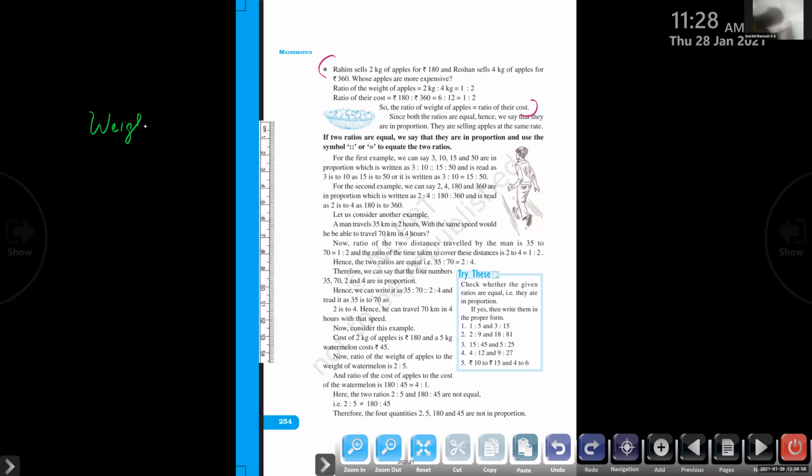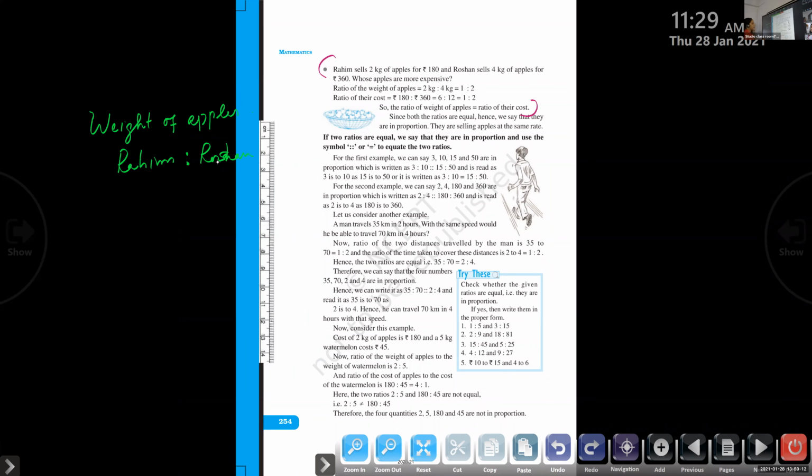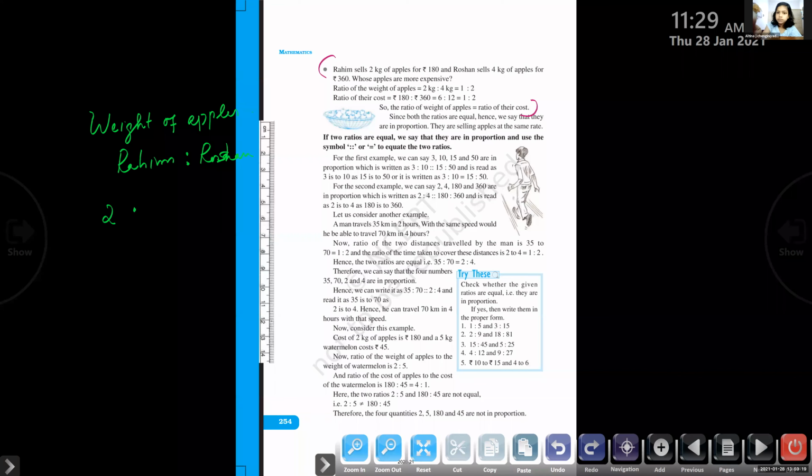You should write both Rahim's cases first. Don't change the order. So the weight of apples will be 2 kg to 4 kg, 2 is to 4. When you simplify it, you will get 1 is to 2.